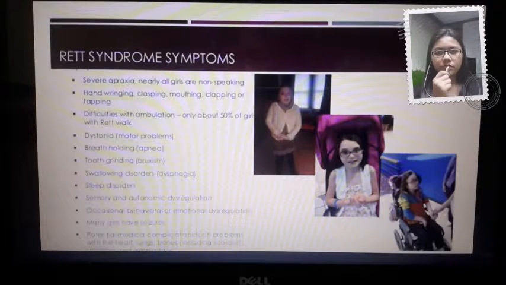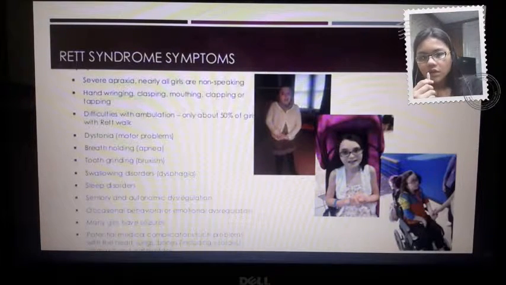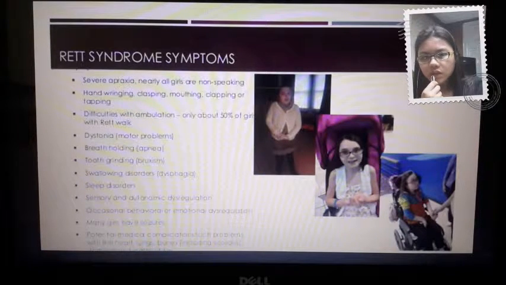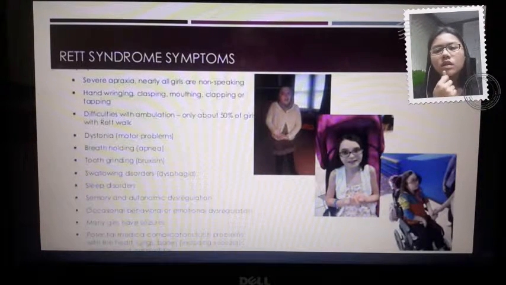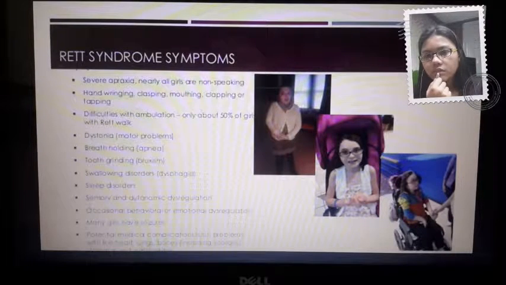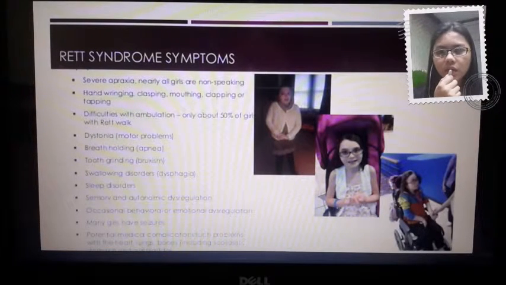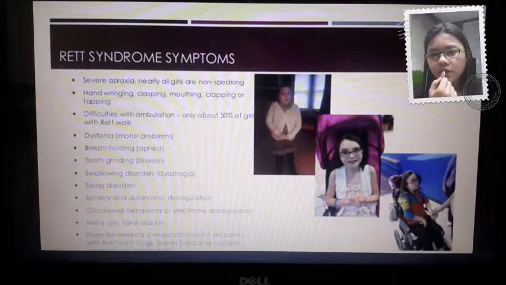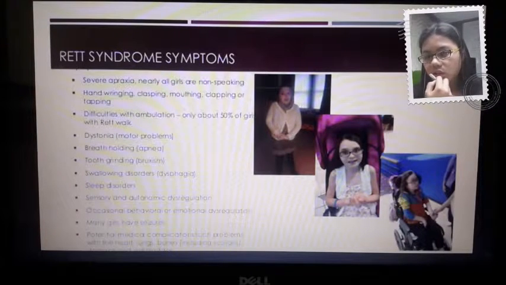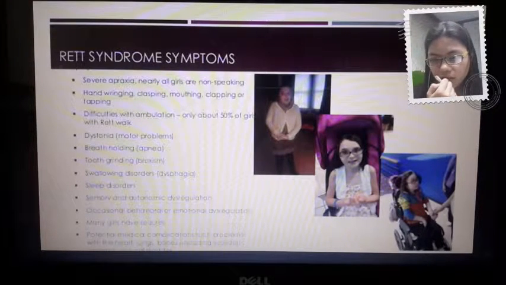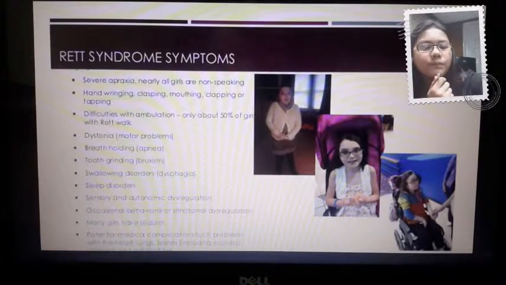Rett syndrome symptoms include sleep disorders, breath holding or apnea, dystonia, motor problems, difficulties with ablution, hand wringing, grasping, mouthing, clapping or tapping, severe apraxia with nearly all girls non-speaking, sensory and autonomic dysregulation, and many more.